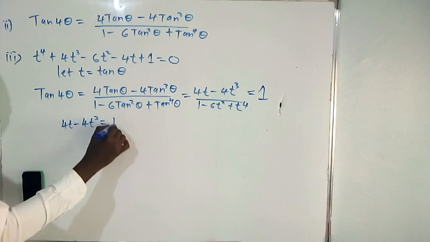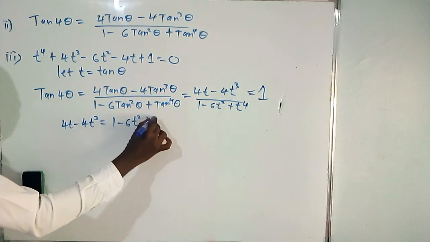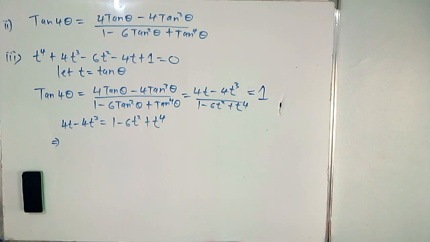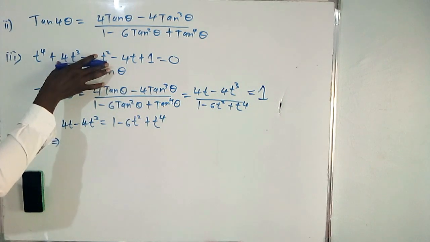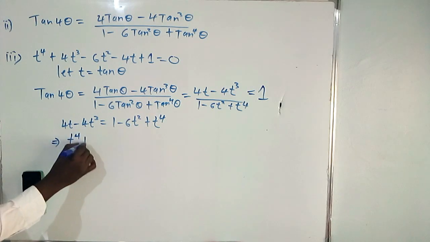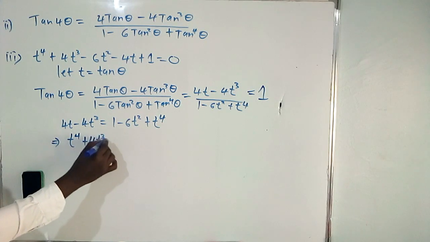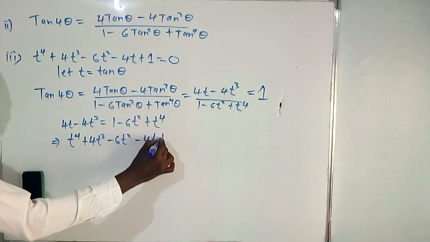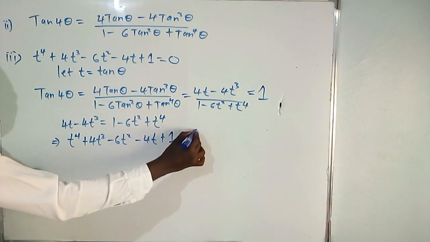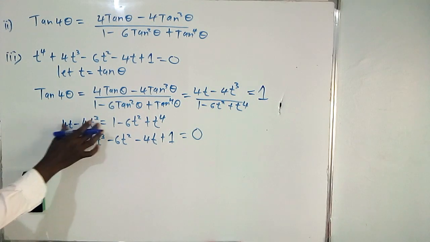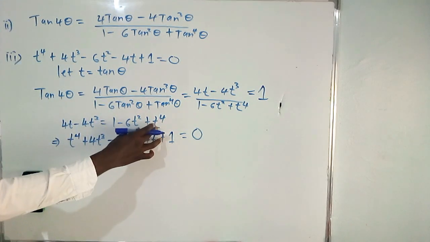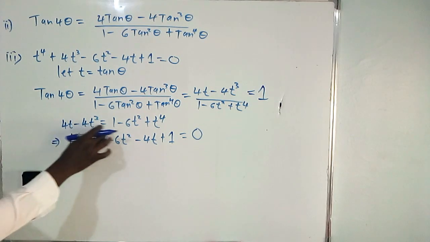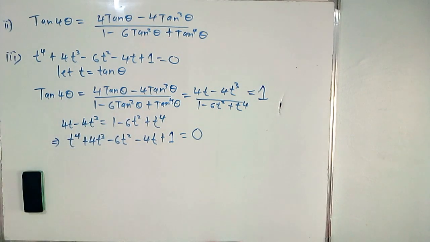Then from here, if you simplify, you take everything on one side of the equation, you will now get the equation which is here, isn't it? If you take everything on one side of the equation, we'll get t raised to power 4 plus 4t cubed minus 6t squared minus 4t plus 1 is equals to 0. Because you can see positive 4t going on the other side of the equation, you get negative 4t, isn't it? Minus 4t cubed going on the other side of the equation, you get positive 4t cubed.